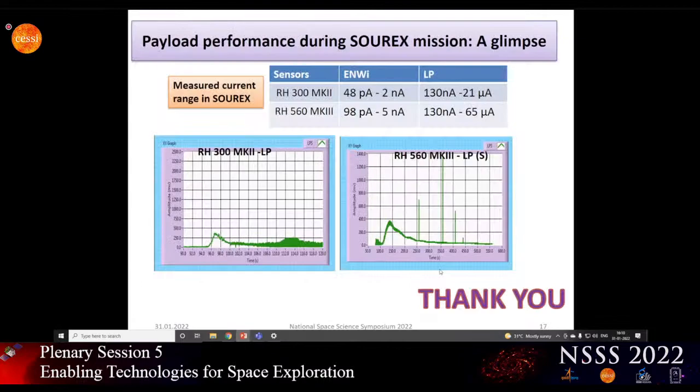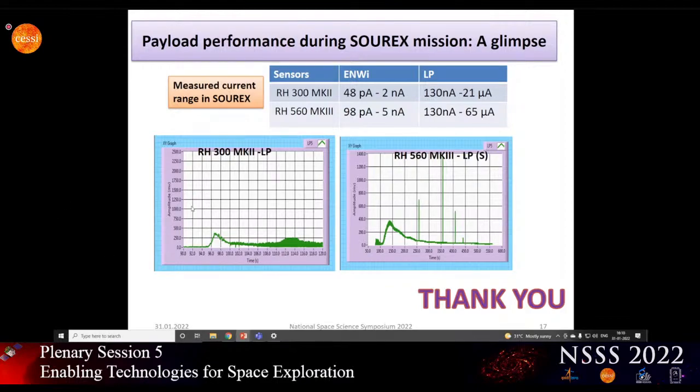So let me conclude by showing 2 sample plots of the payload performance, which was done during the SAUREX mission. The measured currents in both 300 and 560 for one mode of operation of NV and LP are catering to the pico to nanoampere range for the NV, and the LP from the nano to microampere range, very much within the designed limit.